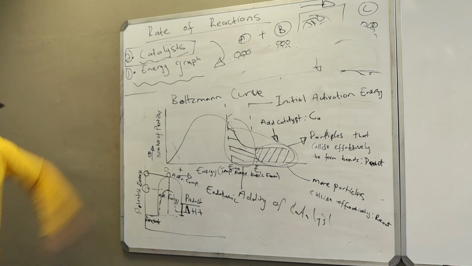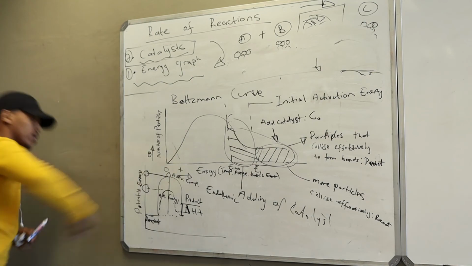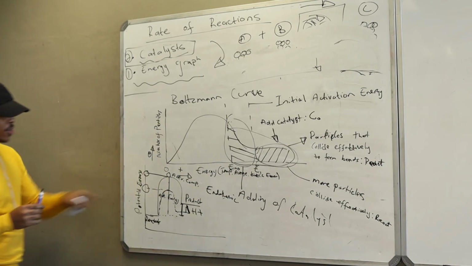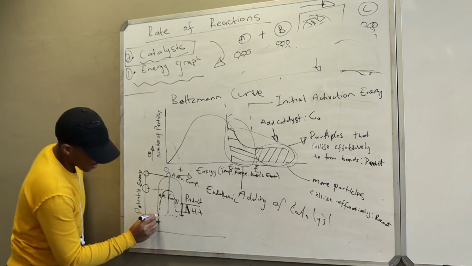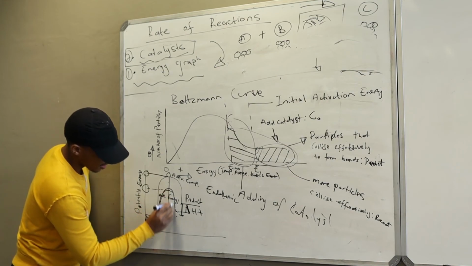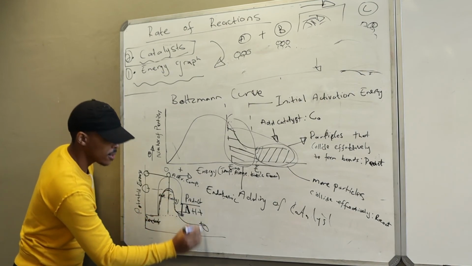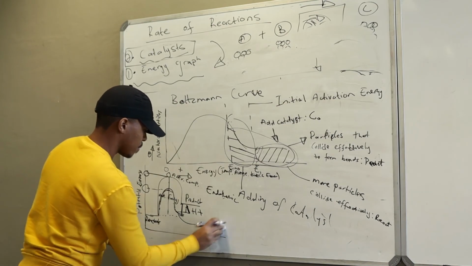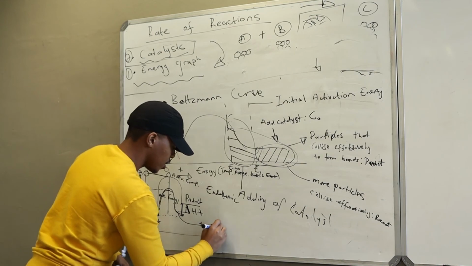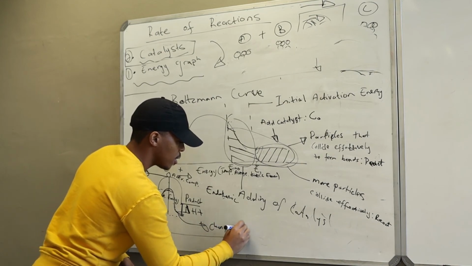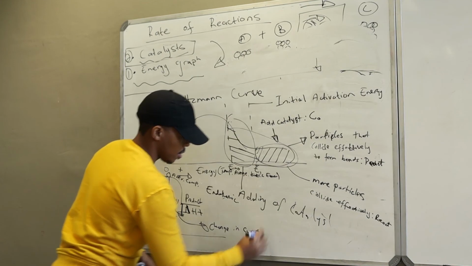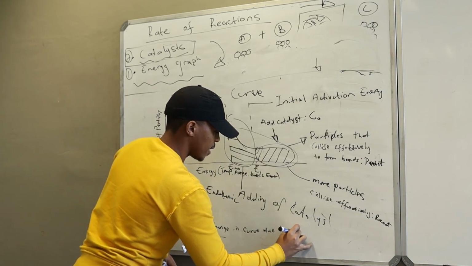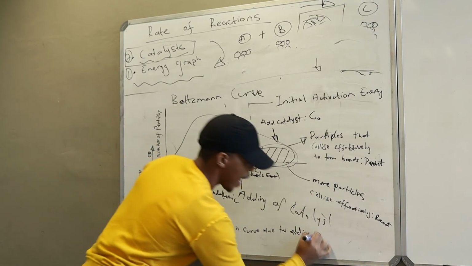Right? So if you add a catalyst to a reaction, it lowers the activation energy. So now that's what that graph looks like. Now it looks like that. This is with change in curve due to adding catalyst.